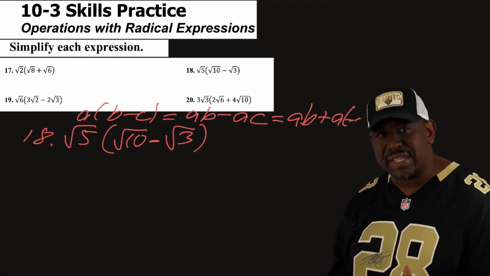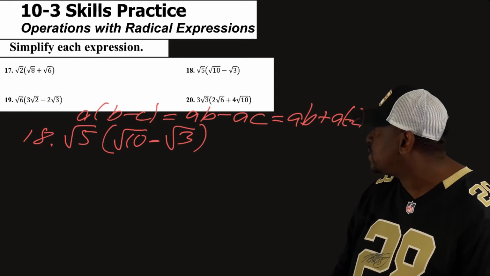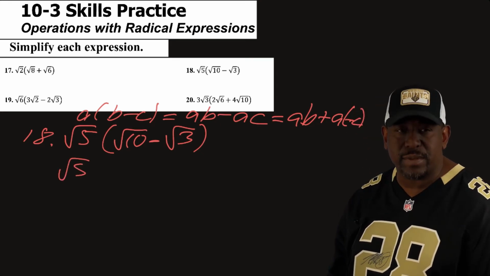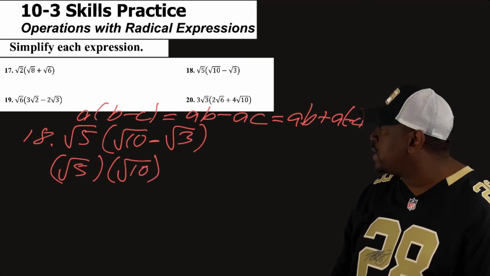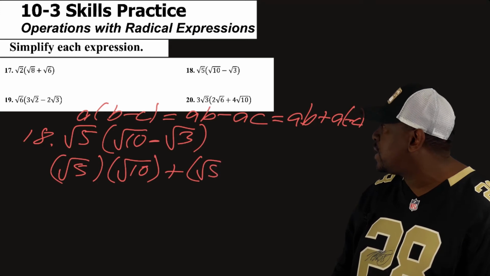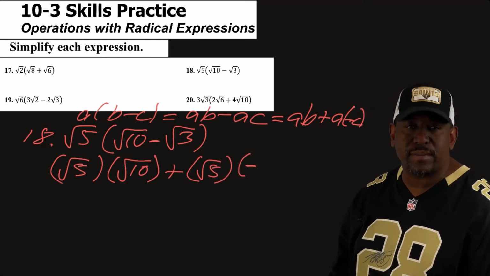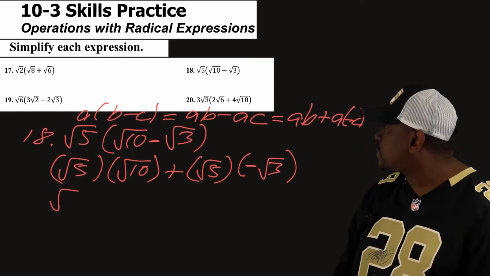So I typically keep it addition so you don't make sign mistakes with the subtraction. So I'll write it as a times b plus a times negative c, but you can do it either way. So we break it into 2 separate products. We have the square root of 5 times the square root of 10 plus the square root of 5 times negative square root of 3.